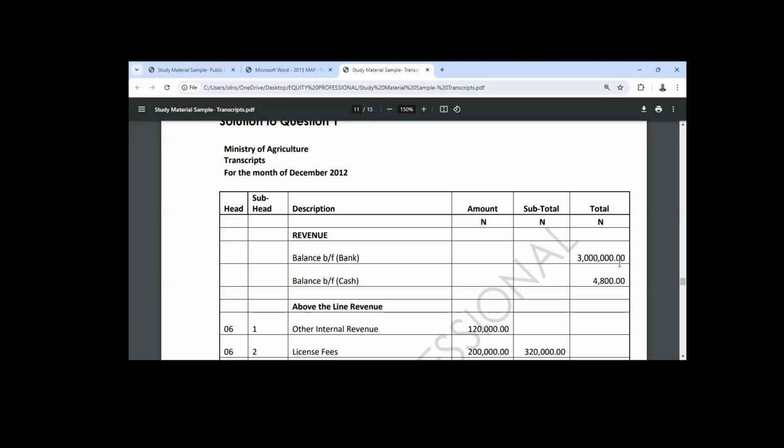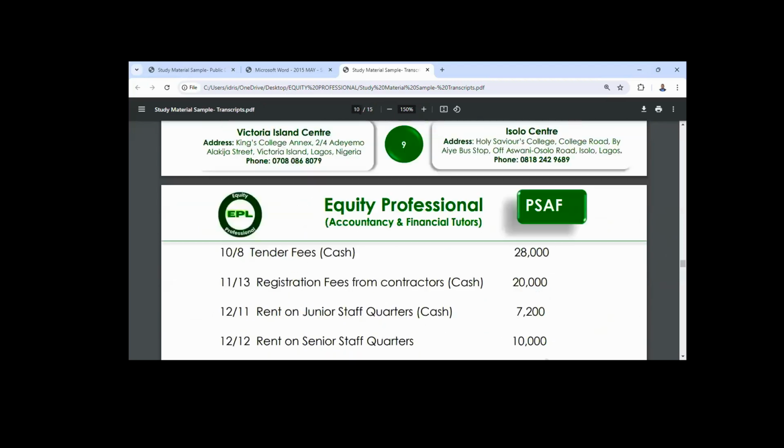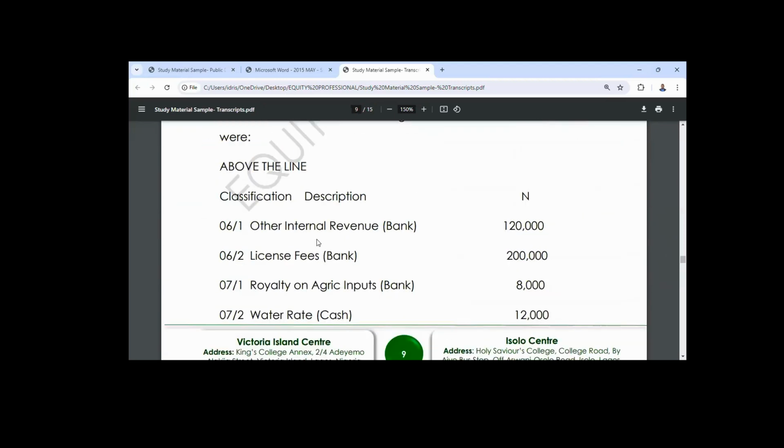After that, we will now look at our above the line revenue. What is our above the line revenue? It is stated. Number one is other internal revenue.